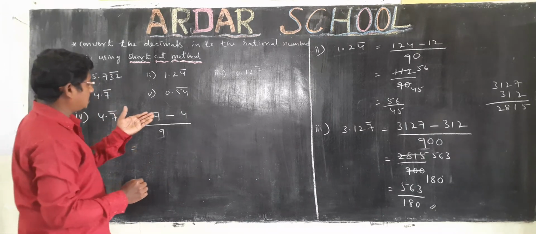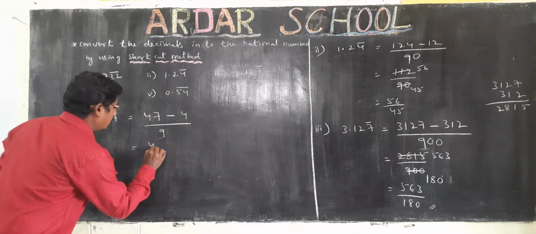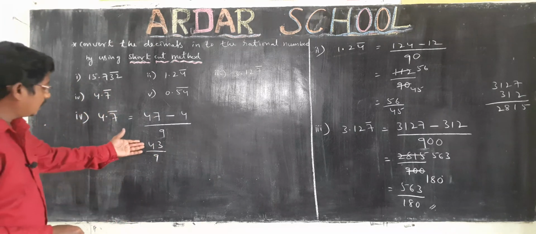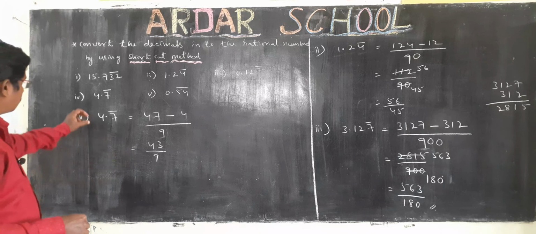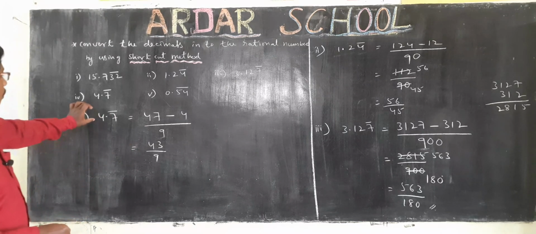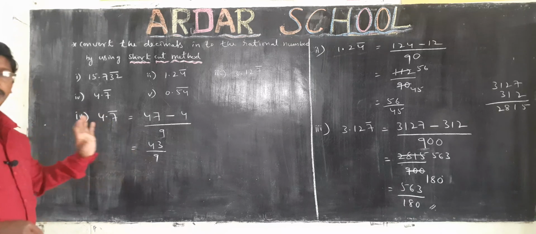Here 47 minus 4 is 43 by 9. That is the rational form of 4.7 bar: 43 by 9.